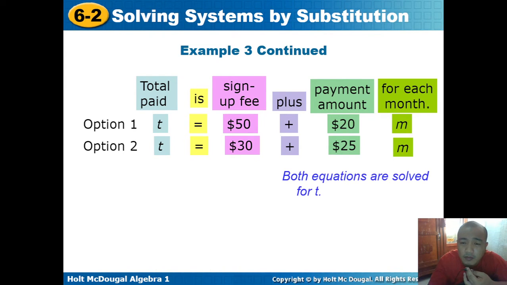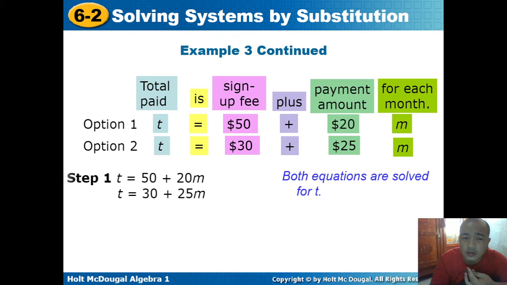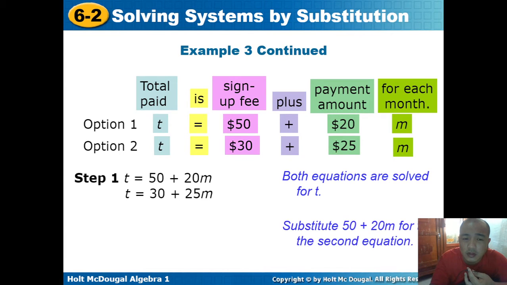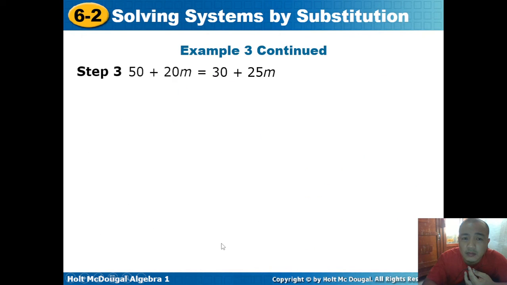So let us now solve for M. Both equations are solved for T, so you can use the substitution method. Substitute 50 plus 20M for T in this equation, giving 50 plus 20M equals 30 plus 25M. So negative 5M equals negative 20.